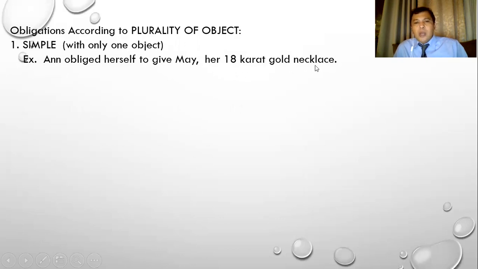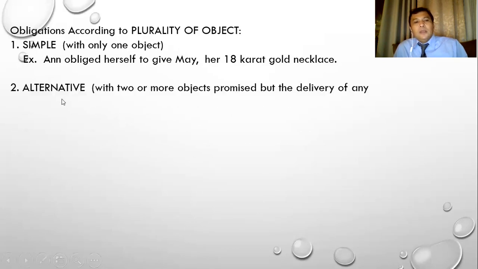So there's only one object to be delivered, which is the obligation of A. So it is simple. It becomes alternative when there are two or more objects promised, but delivery of any of the objects shall extinguish the obligation.